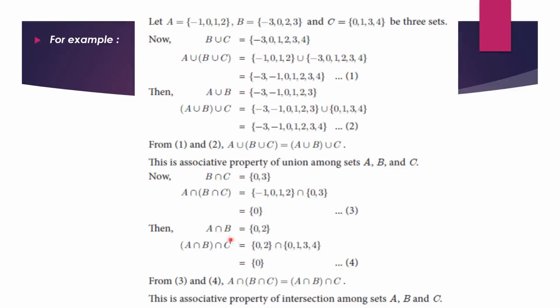Next you have to find A intersection B, then compare (A intersection B) with C. There too we will get 0 alone and you have to mark that as 4. Then from 3 and 4 we get A intersection (B intersection C) equal to (A intersection B) intersection C. This is associative property of intersection among the sets A, B and C.